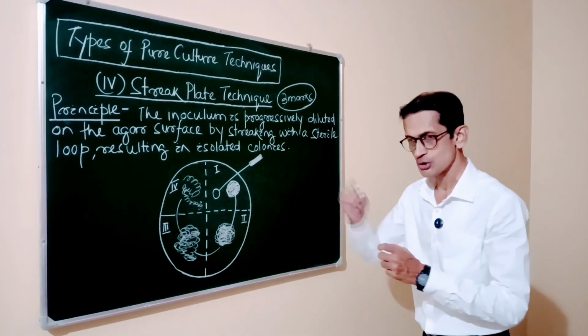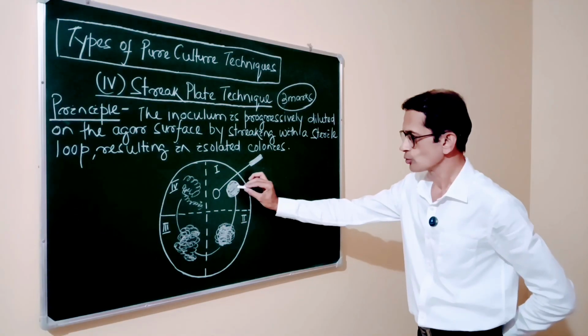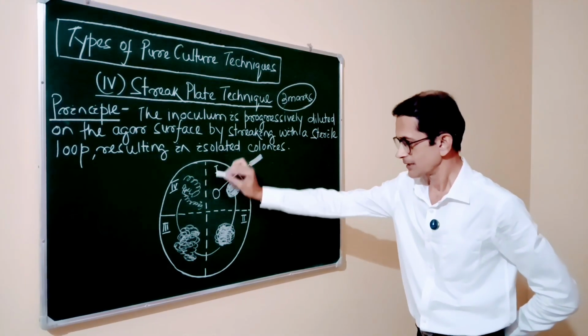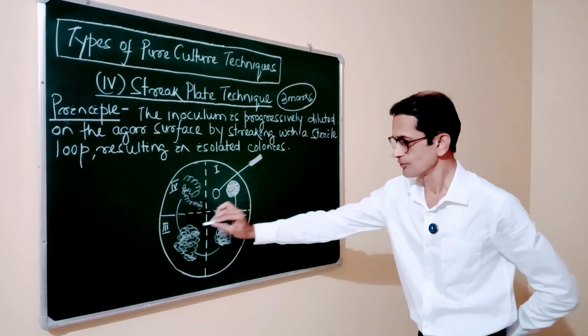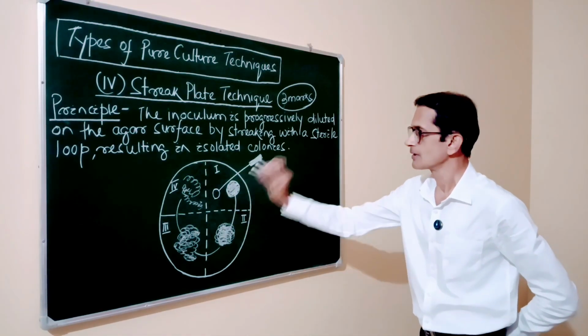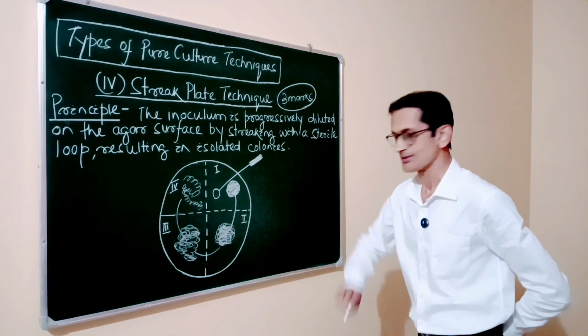Let us understand from this picture. This is called the sterile loop. Inoculum is placed here. Imagine 4 quadrants. Quadrant 1, 2, 3, 4 of an agar surface. These are the agar surface.